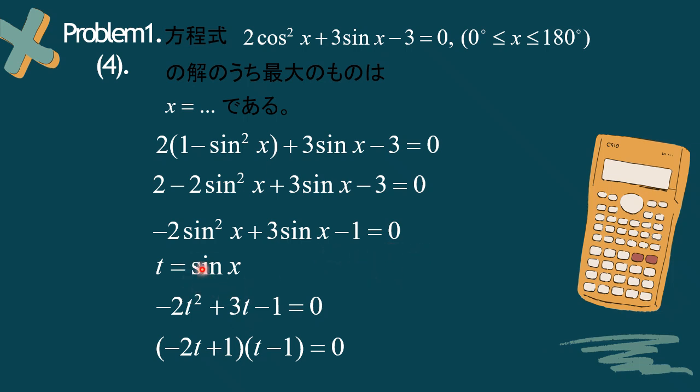So we can substitute t equals sine x. We can have minus 2t squared plus 3t minus 1 equals 0, and we factorize it. We can have minus 2t plus 1 multiplied by t plus 1.